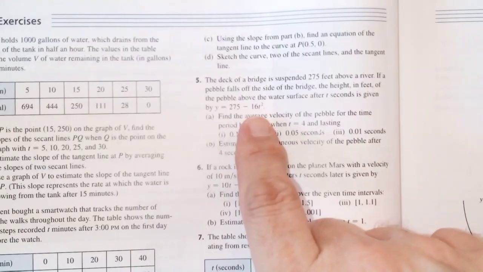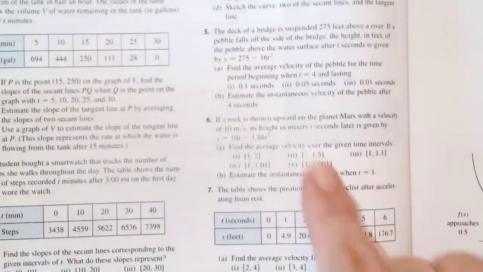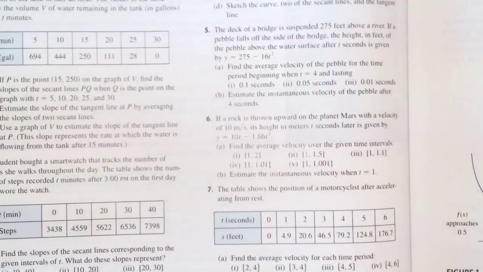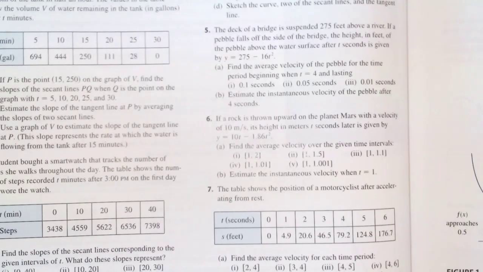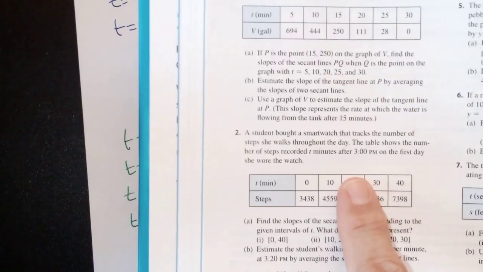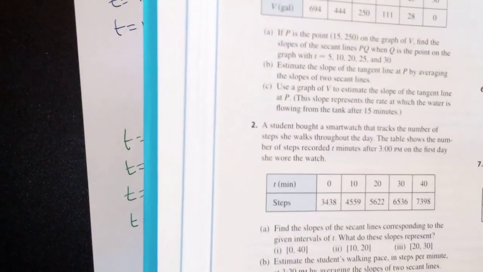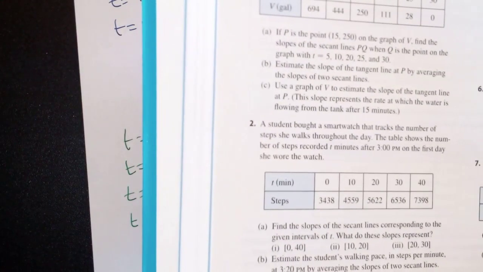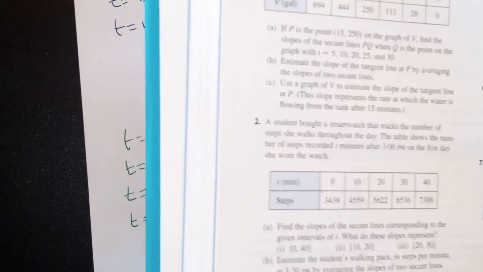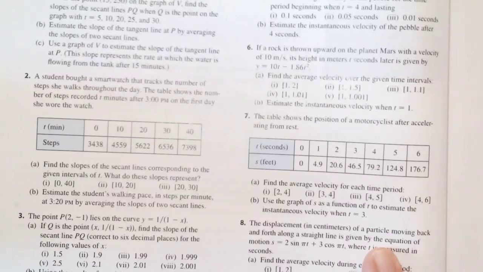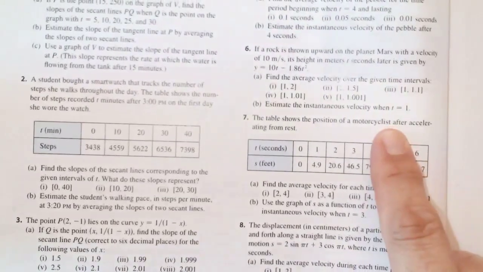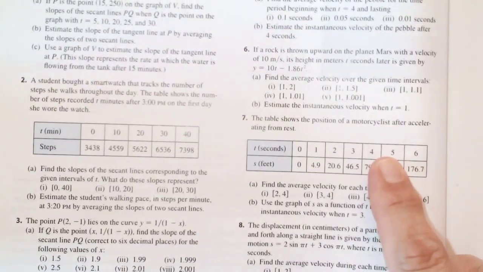There's its height. A rock thrown upward on the surface of planet Mars. Dude. Okay. A smartwatch keeping track of your steps. What's your exercise? Are you in your zone minutes right now? I have no idea. A particle moving back and forth across a straight line. Position of a motorcyclist after accelerating.